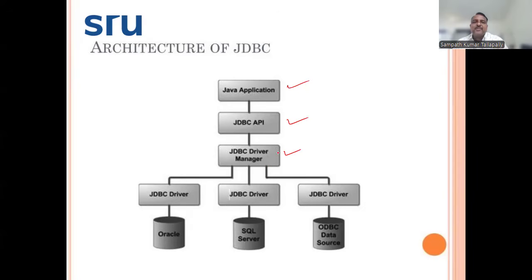For now, we have a specialized driver for the Oracle database, a specialized driver for SQL Server, and a specialized driver for MS Access-like databases. So with this diagram, what you understand is that for every database we have a separate driver. Your JDBC API is going to provide a separate driver for every database.